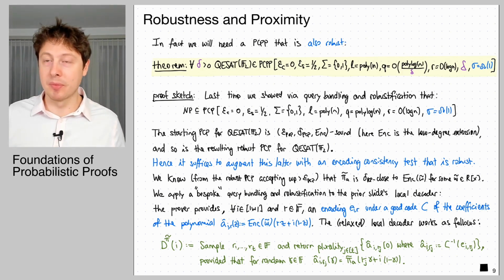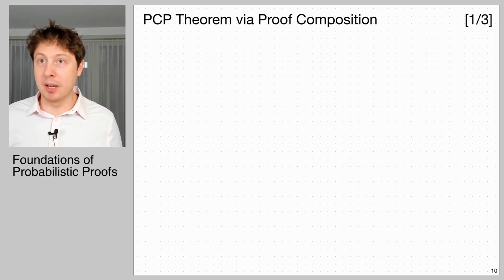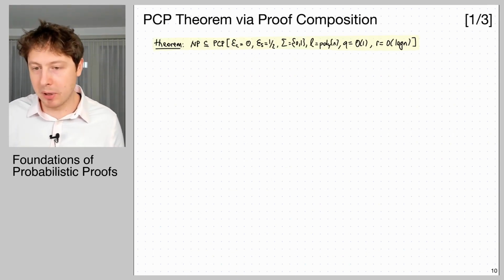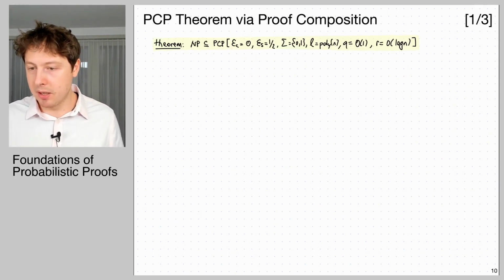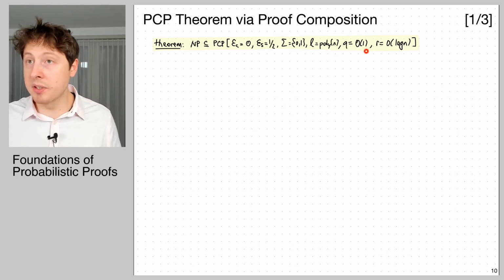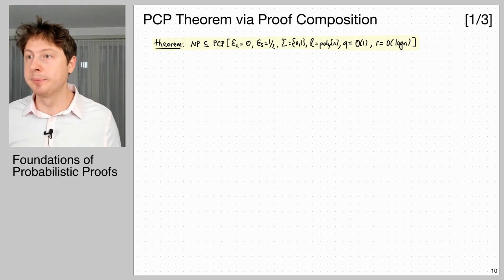Okay. All right. So now we can prove the PCP theorem. What is the PCP theorem? Well, it's the regime of polynomial size and constant query complexity, specifically over the binary alphabet.